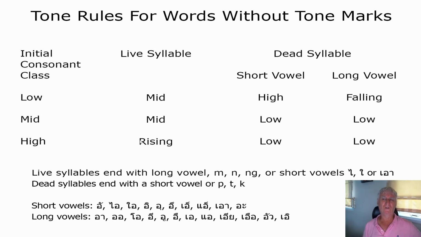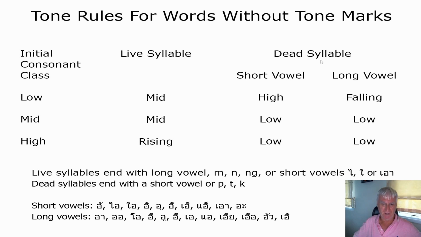With the rules for tone marks, I use this thing about suicidal farangs in Pattaya. With the tone rules for words and syllables that don't use tone marks, I haven't got anything like that. But basically, if you've got a live syllable, it's going to be mid tone unless it starts with a high-class consonant, in which case it will have a rising tone.